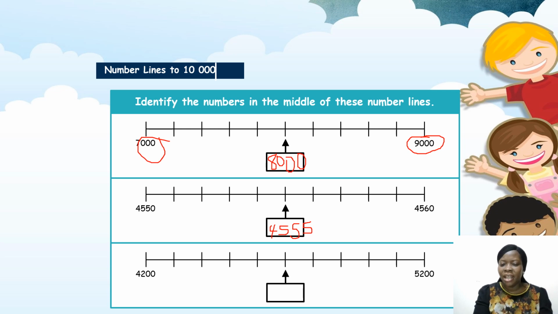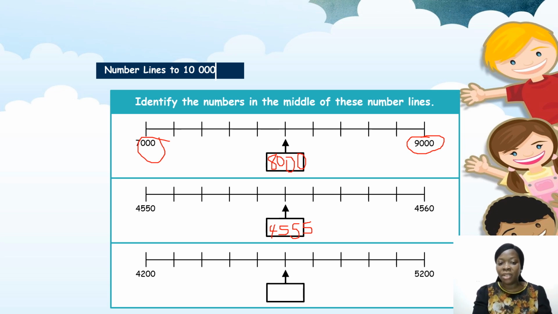Let's try skip counting in hundreds and see if it's in 100, and then try 200s and see if it's 200. So 4,200, 4,300, 4,400, 4,500, 4,600, 4,700, 4,800, 4,900, 5,000, 5,100, 5,200.